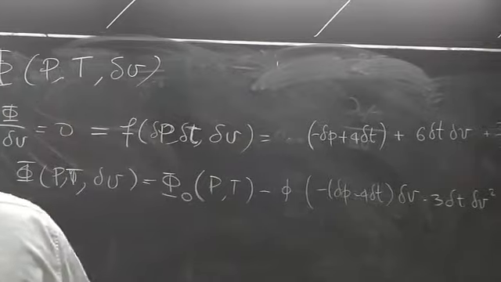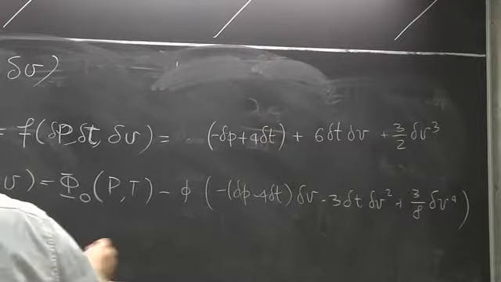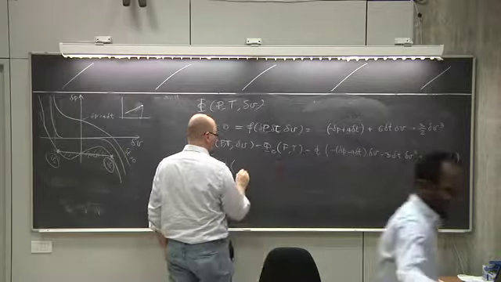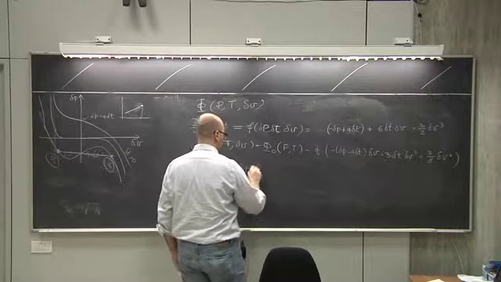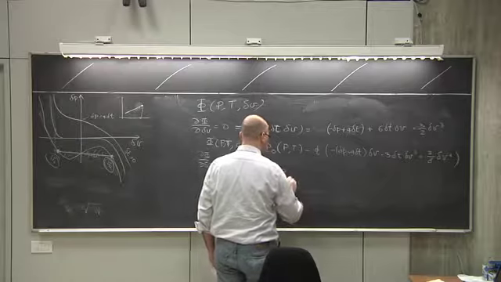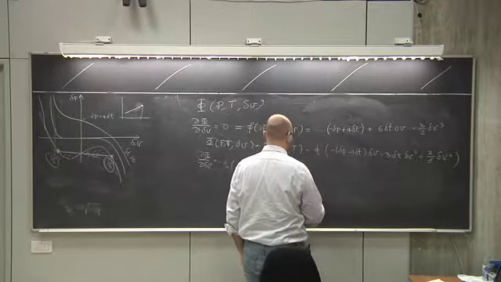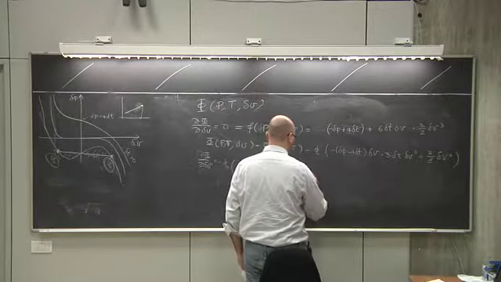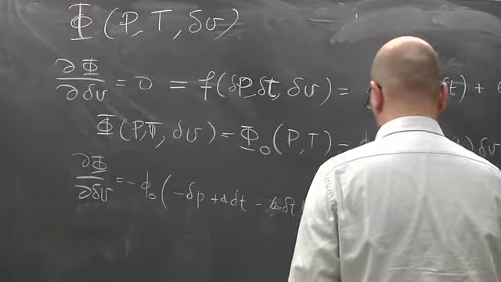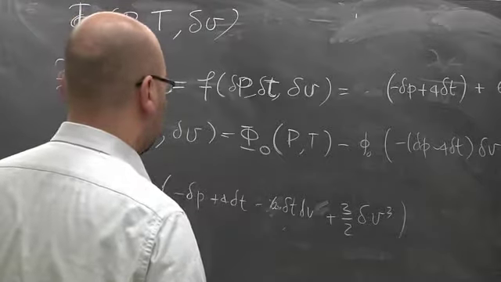Now let's take d phi by d delta V, and this is a constant. Minus delta P plus 4 delta T minus 3 delta T minus 6 delta T delta V square, delta V, sorry, I'm taking derivative, plus 3/2 delta V cube, and this has to be, okay.